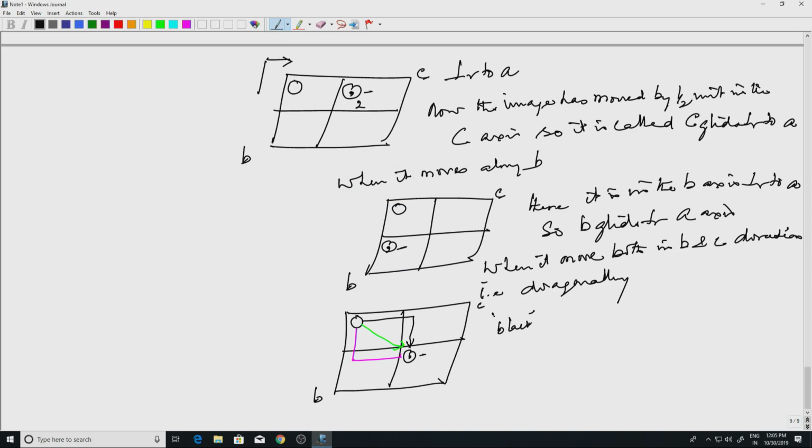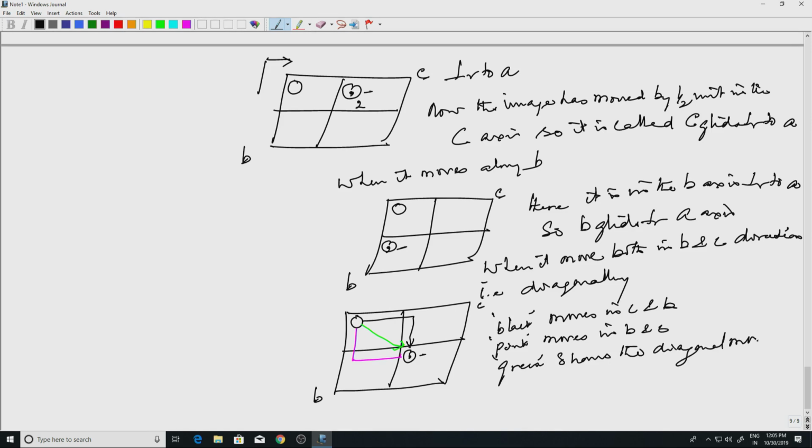Black moves in C and B. Pink moves in B and C. Green shows the diagonal movement, that is B by 2 plus C by 2 is equal to B plus C by 2 perpendicular to A axis.